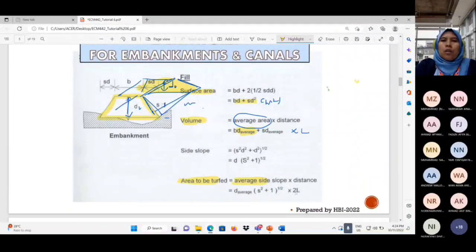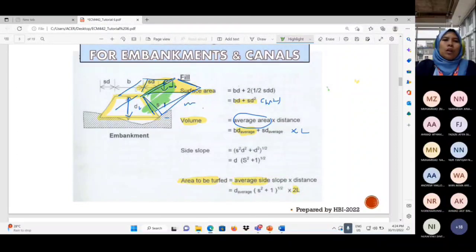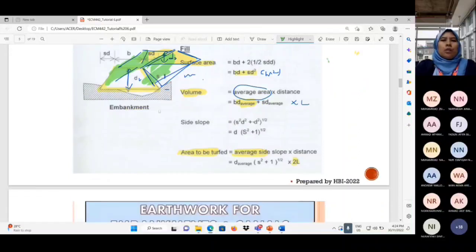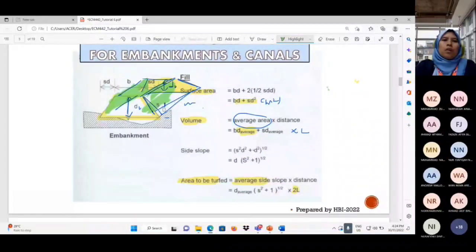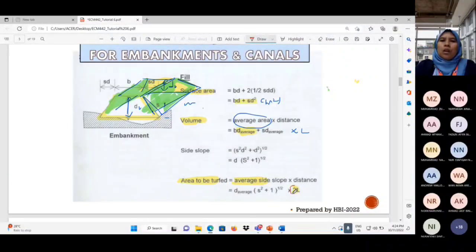So why two here? Because for the embankment, there are two sides of the slope. One side here, another part is the slope. And that's why we multiply with two. This two, the location or the number two, can either be at the back here or in front here.